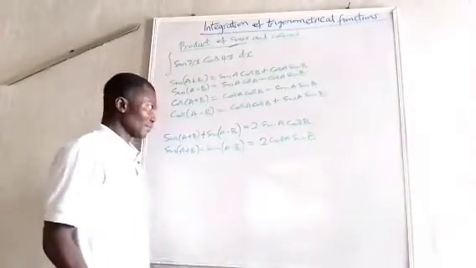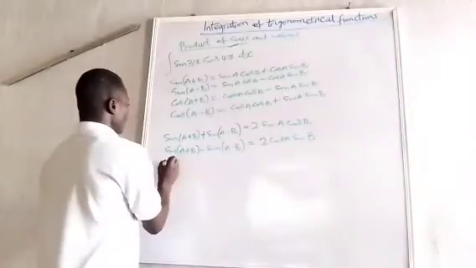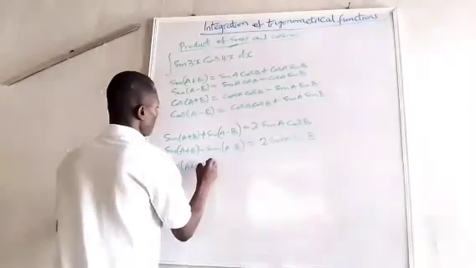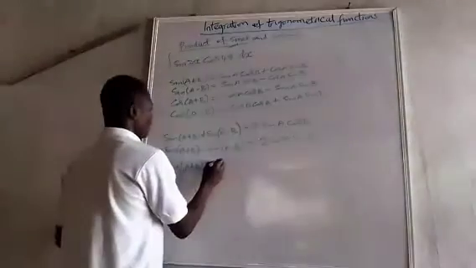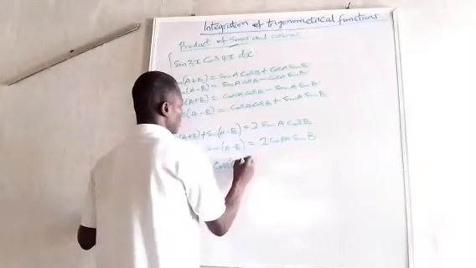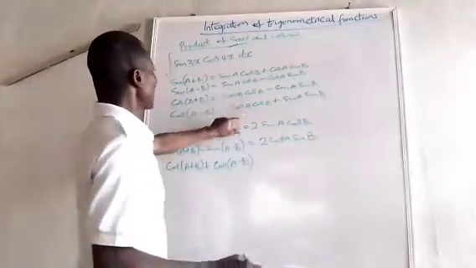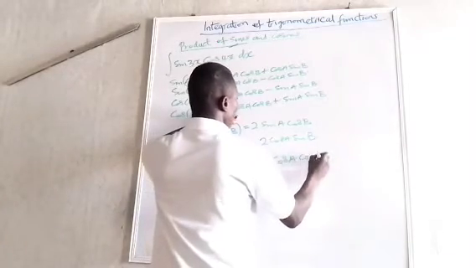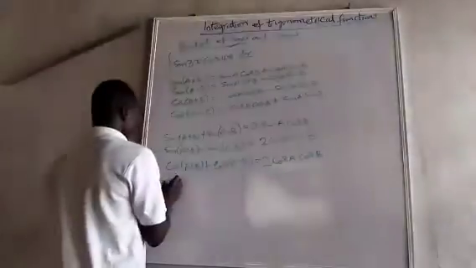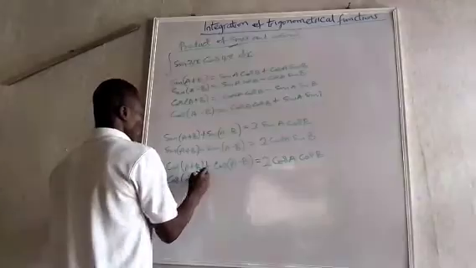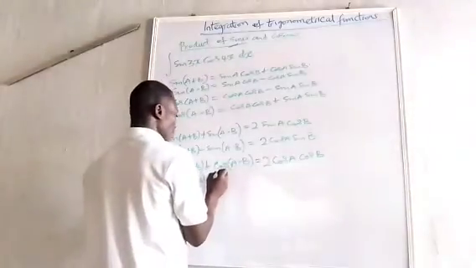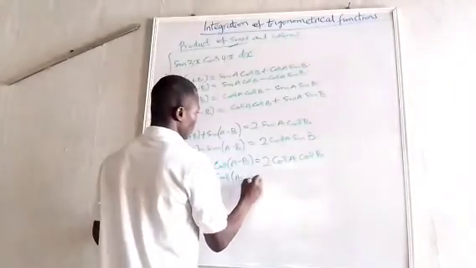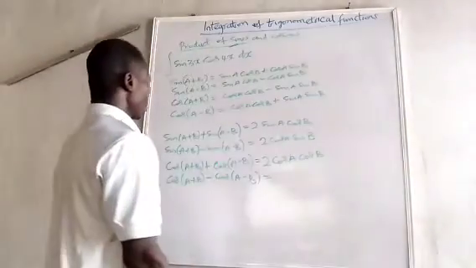You can see cos A plus B plus cos A minus B. If you add this, it's going to give us 2 cos A cos B. And cos A plus B minus cos A minus B, what is that going to give us?